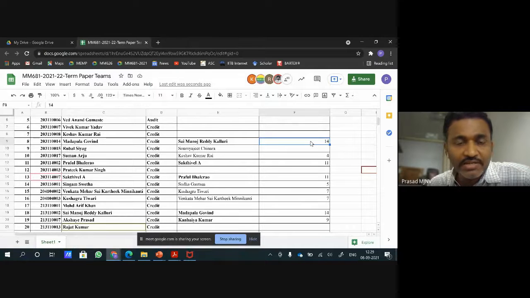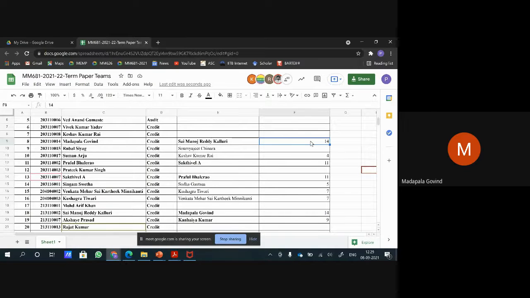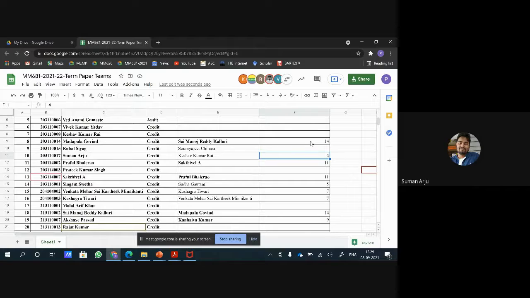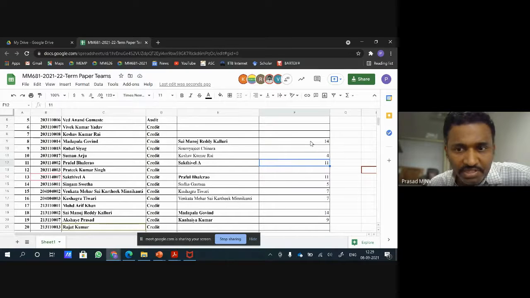Are you able to see the Excel sheet, the spreadsheet? Yes, sir. Just see that. Rubal did not. Suman Arjun, Keshav Kumar Rai, did they indicate? I guess no. Yes, sir, 4. Sektivel, Praful, 11.